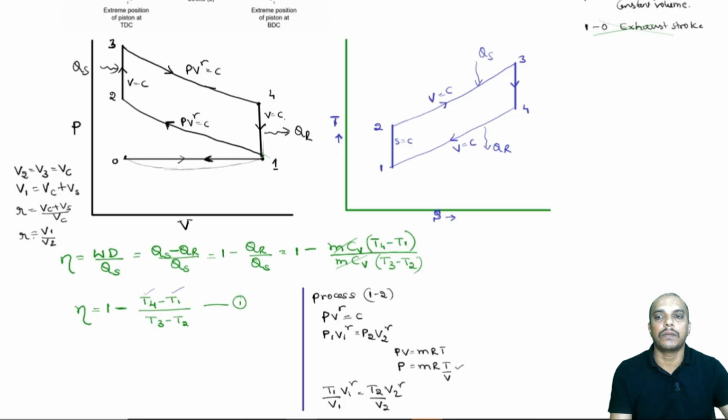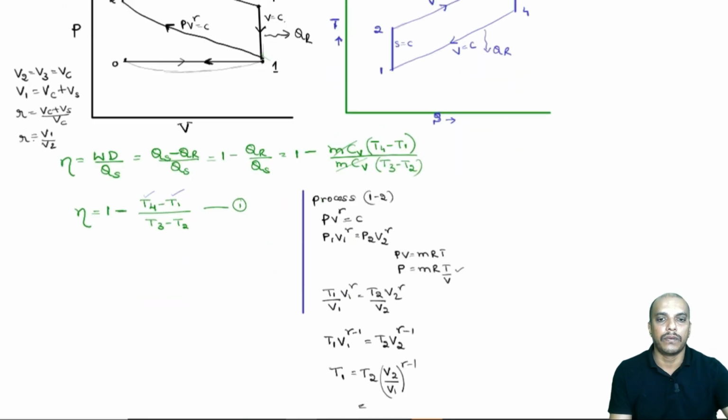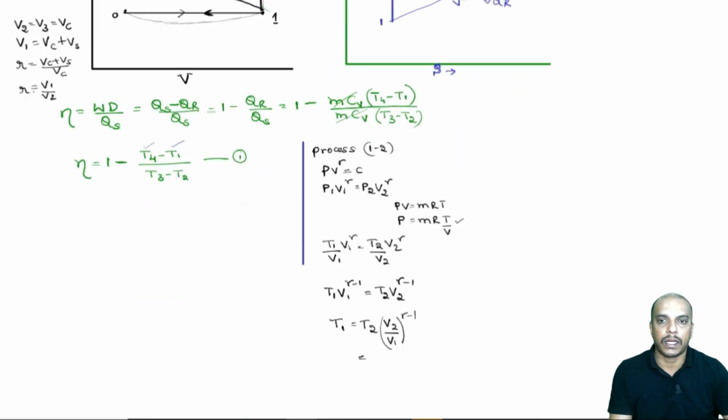So compression ratio can be written as V1 by V2. Now V2 by V1 is 1 by r, so T1 is equal to T2 into 1 by r power gamma minus 1. I am intentionally writing this r this way because we do not want to get confused between r and gamma, so we will have to take care.